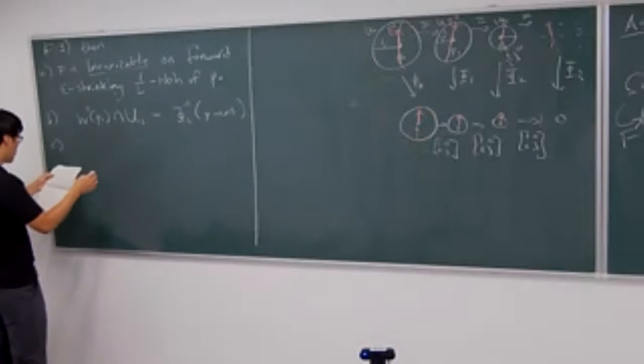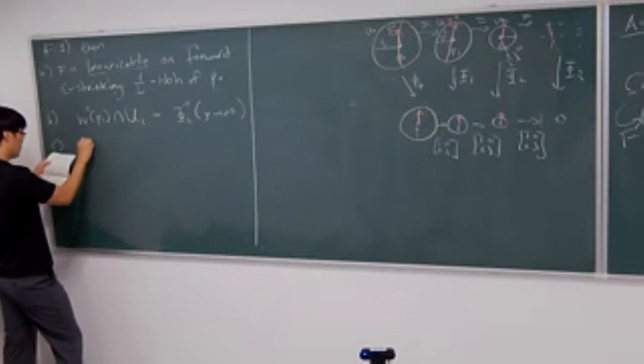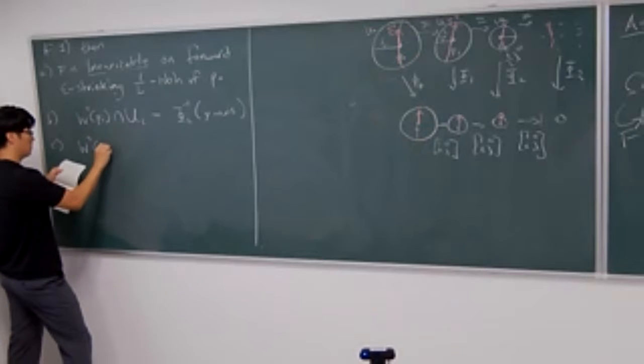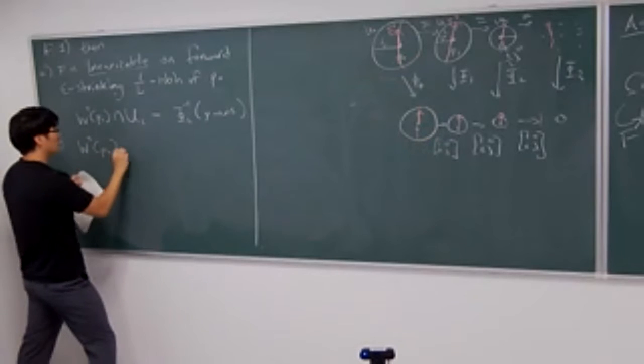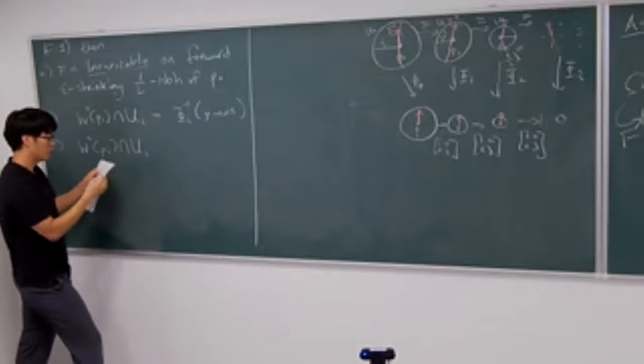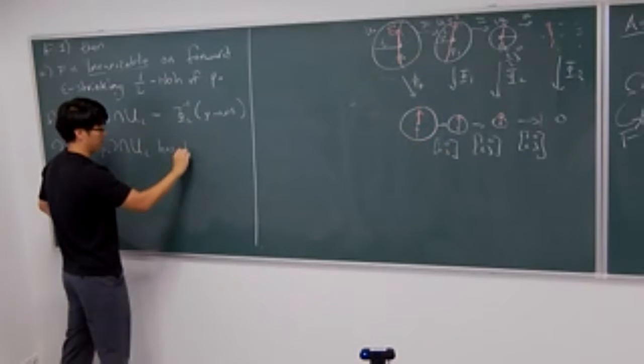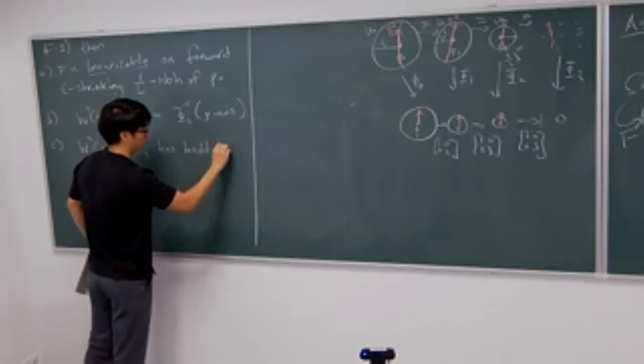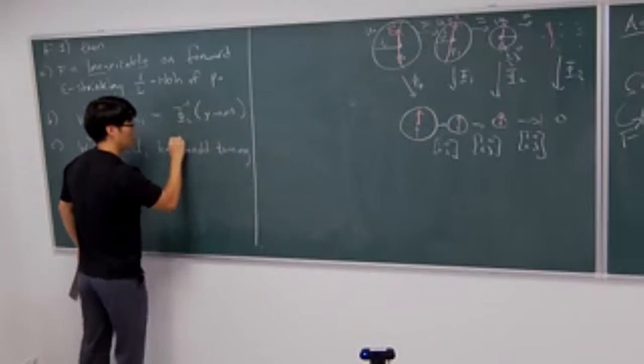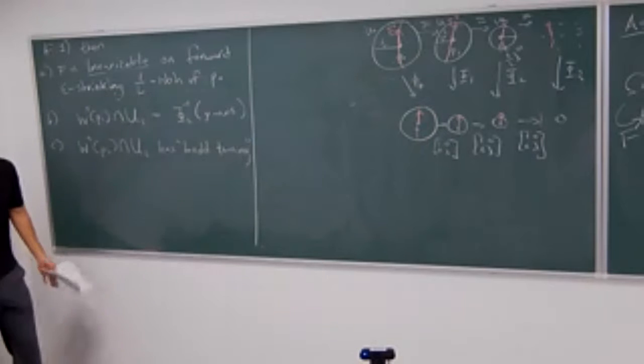So I'm going to phrase that as follows. If you take the stable manifold and intersect it with this ball, then it has bounded turning. What does bounded turning mean?